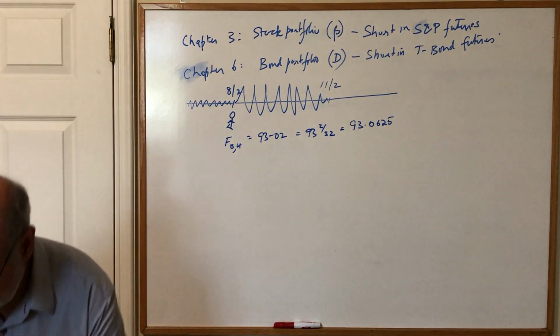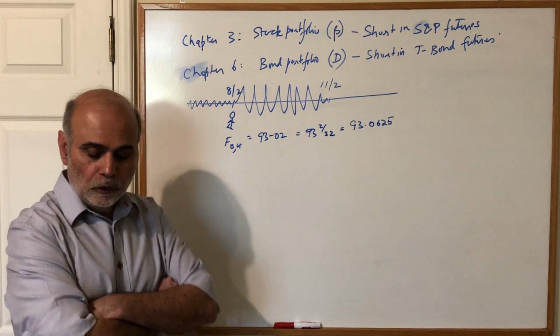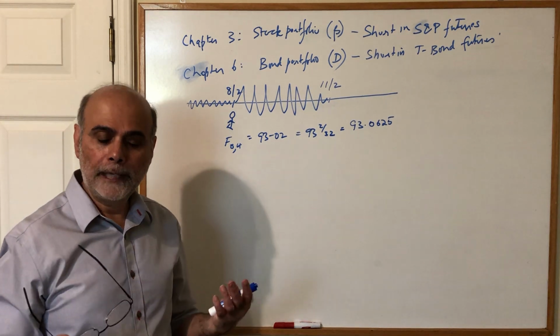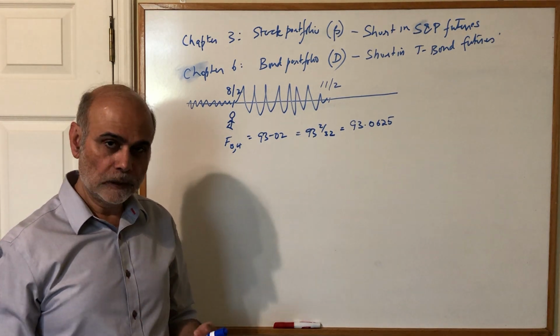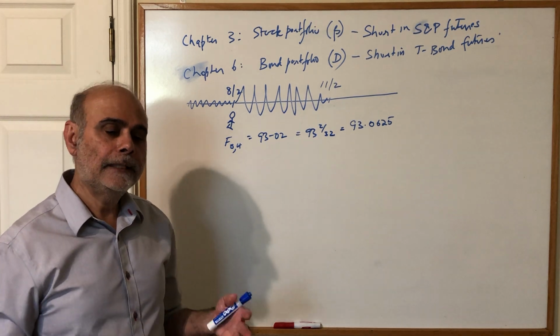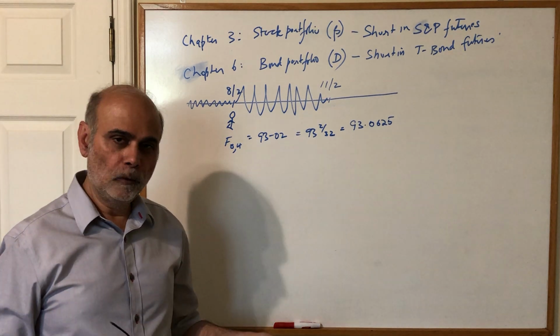Okay, where does that come from? Remember when we did corn futures, right? A standardized contract was to deliver 40,000 bushels of corn. When we studied gold futures, a standardized contract is to deliver 100 ounces of gold.